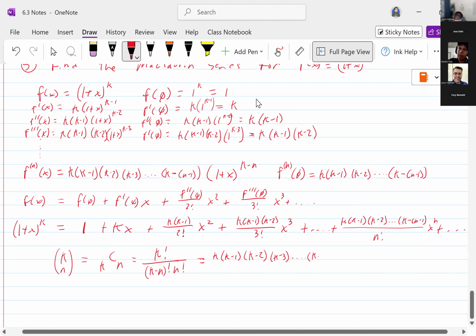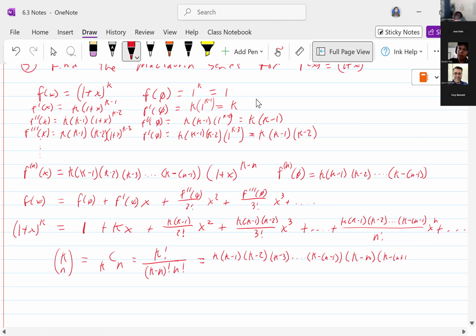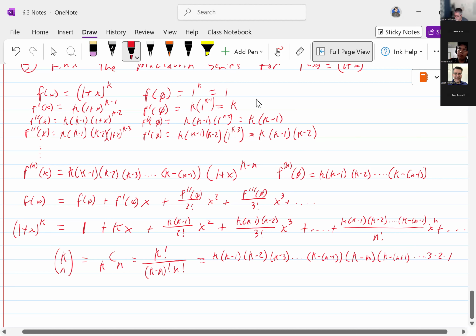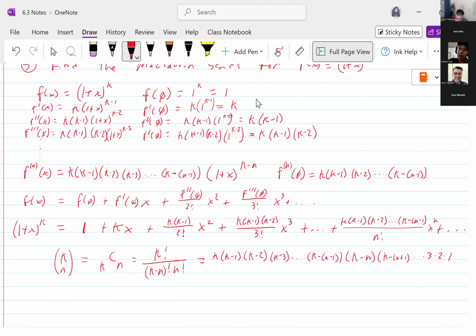The next value here is going to be k minus n plus 1, and then it goes all the way down to 3 and then 2 and then 1.